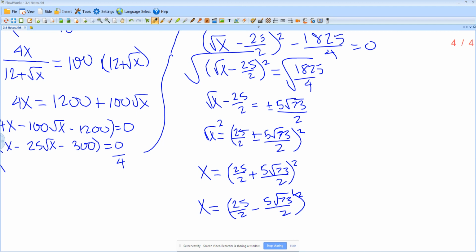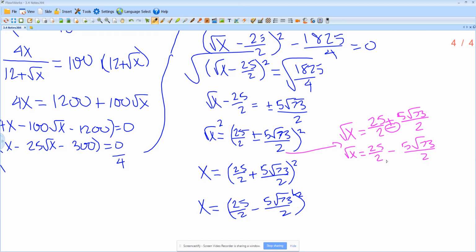So actually, I'll take a small step back. We had square root x equals 25 over 2 plus or minus 5 square root 73 over 2. I'm going to rewrite this just using the subtraction. Square root x equals 25 over 2 minus 5 square root 73 over 2.